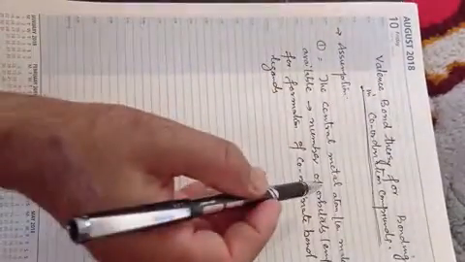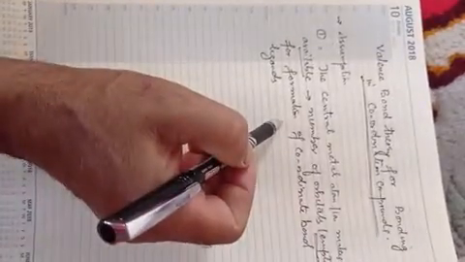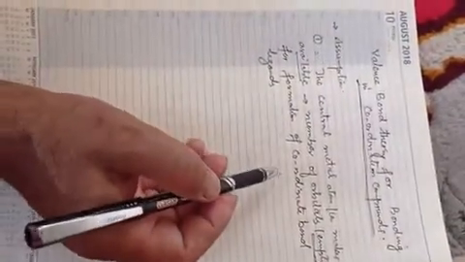So the first assumption is that the central metal atom makes available a number of empty orbitals for the formation of coordinate bonds with ligands.